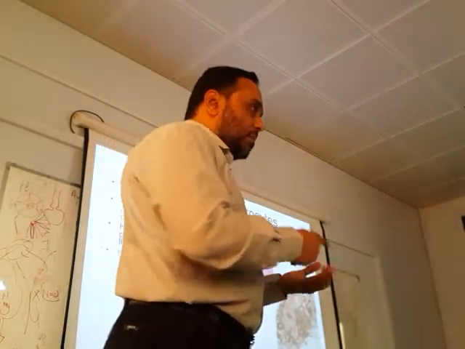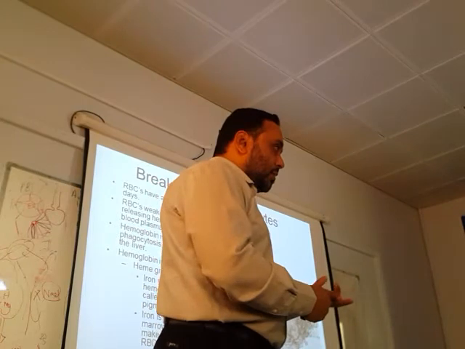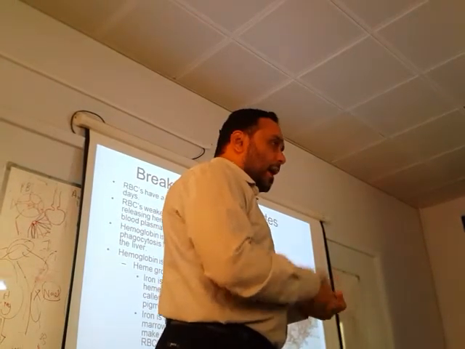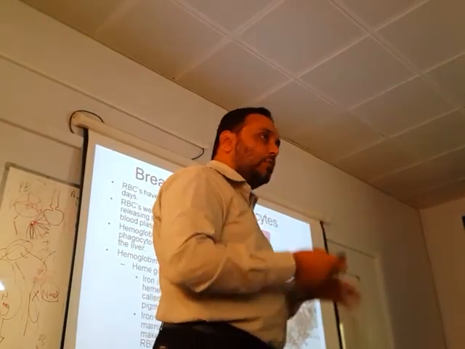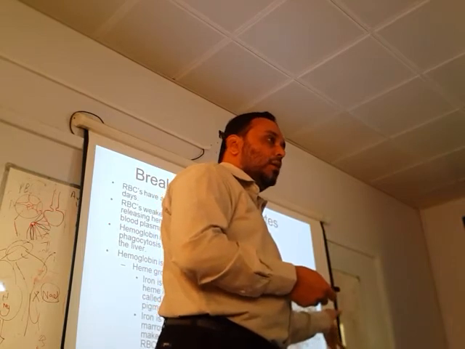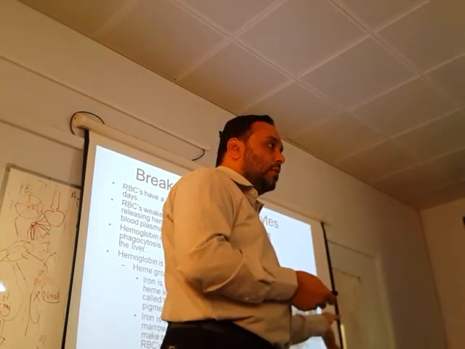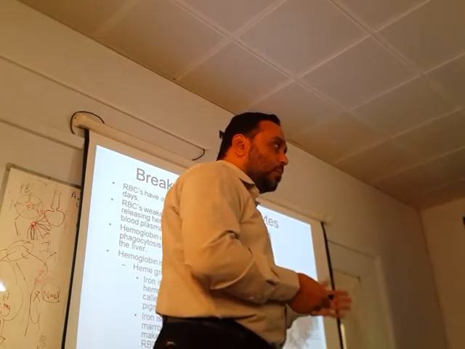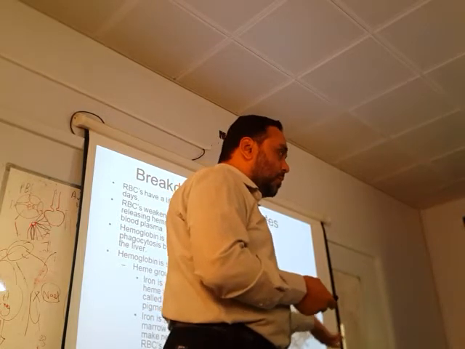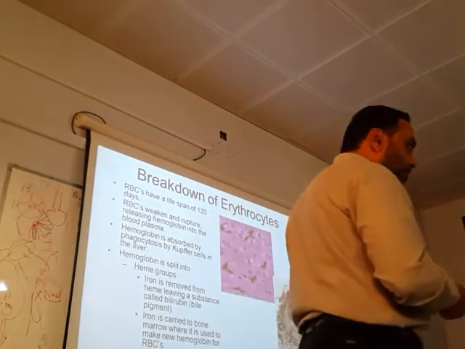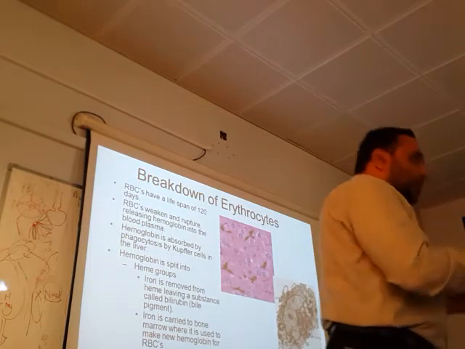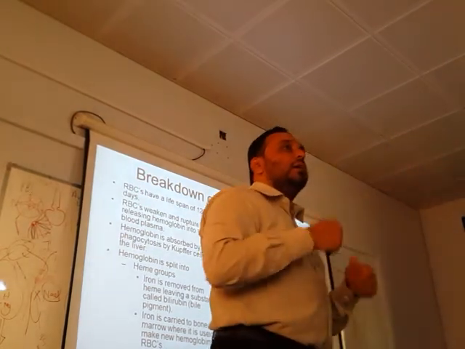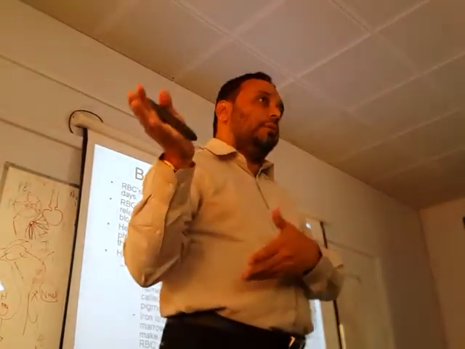Iron is just recirculated. It is going back into the area where erythropoiesis is going on. Where is erythropoiesis? Kidney. Red. Isn't it? Yes. Going back there to be recycled for production of new hemoglobin.